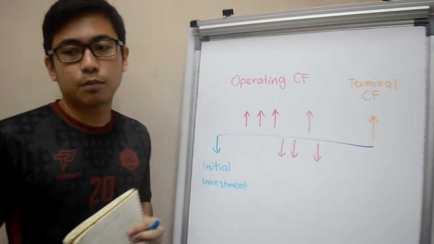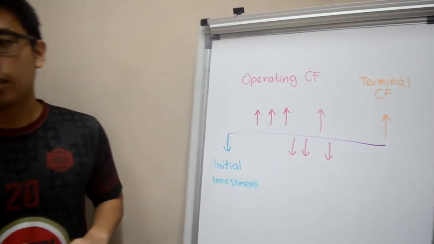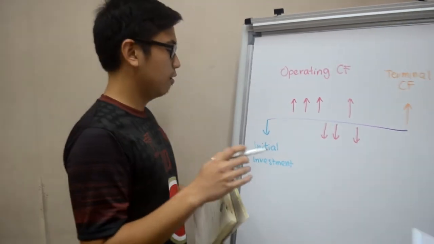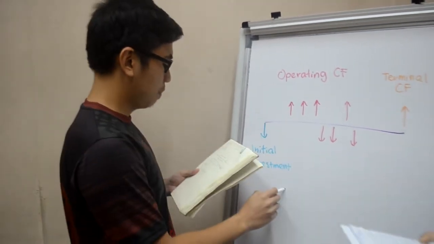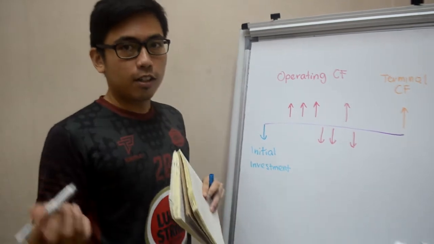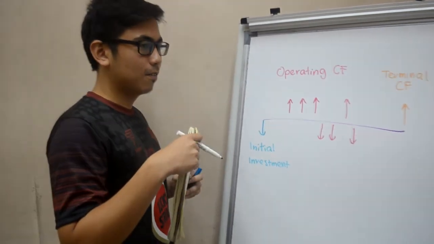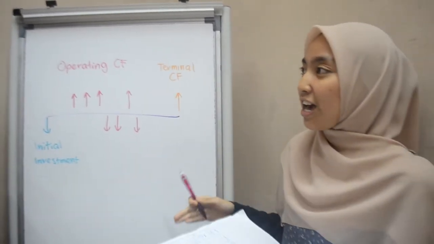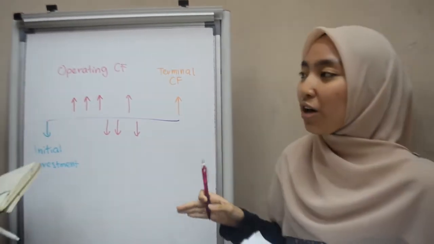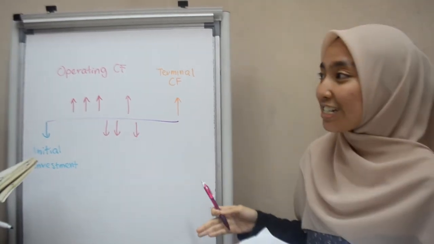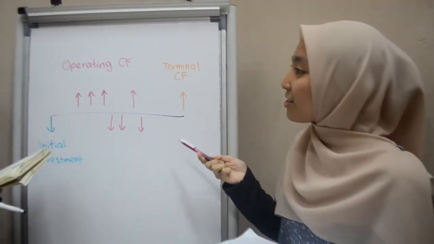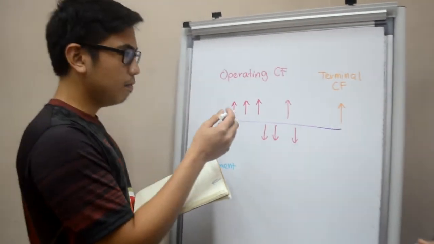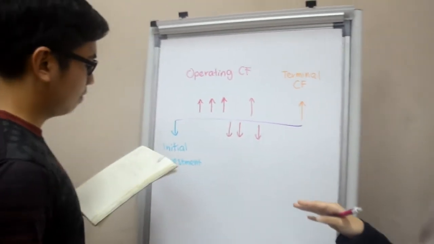Now we are going to discuss the components that should be in the cash flow. There are three components. The first one is the initial investment, which is the money that you need to invest when you want to start a business, and most of the activities involve outflow of cash. The second one is the operating cash flow, which can be costs and expenses throughout the period.